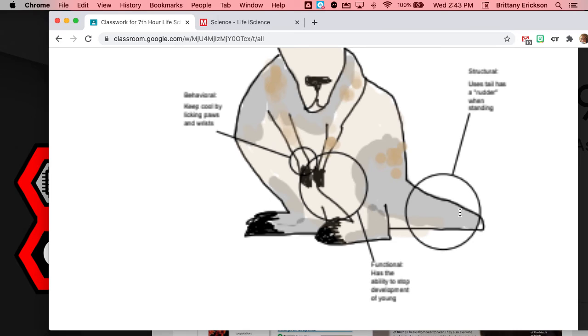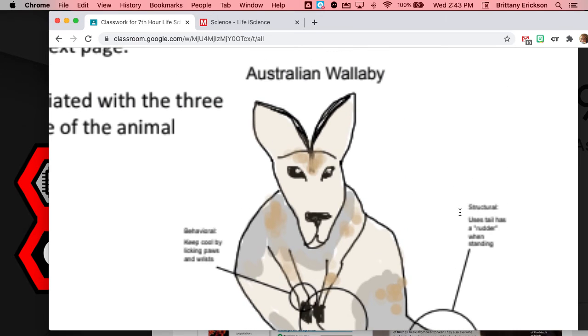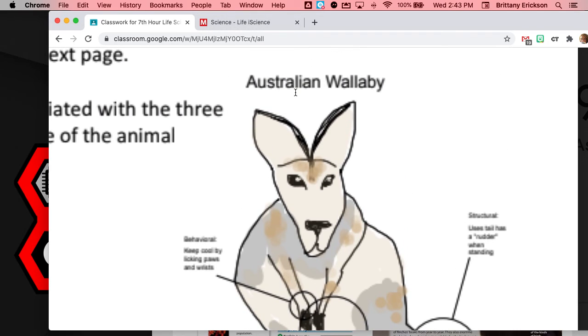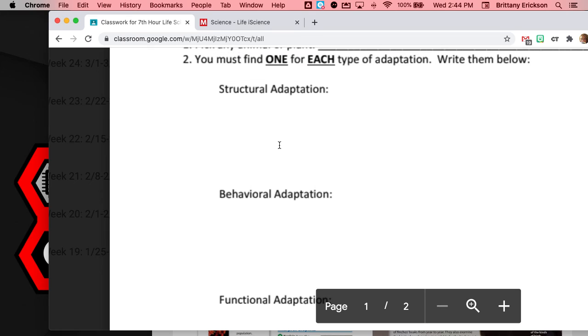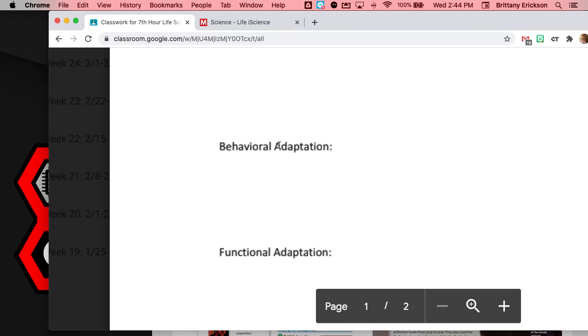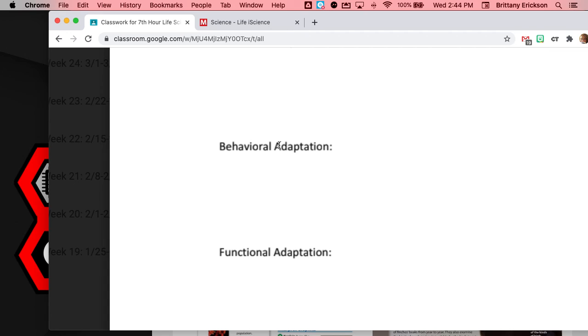Structural: there's the rudder of the tail. Make sure at the top you write down the animal's name. So you're doing research today, and then you can start drawing your picture once you have one of each type. I think that's it. Any other questions? Am I missing something? No? Okay.